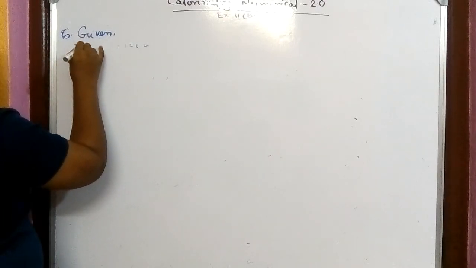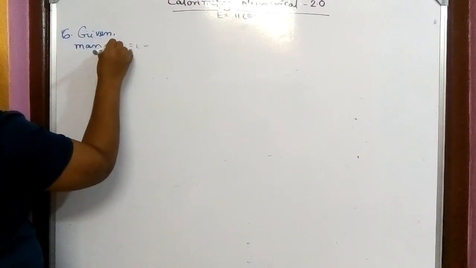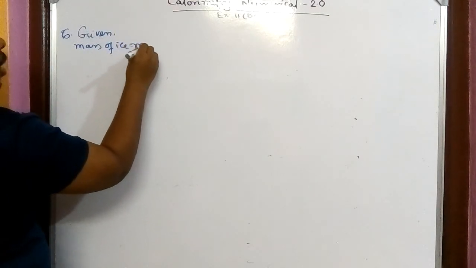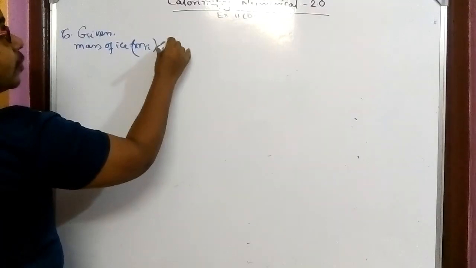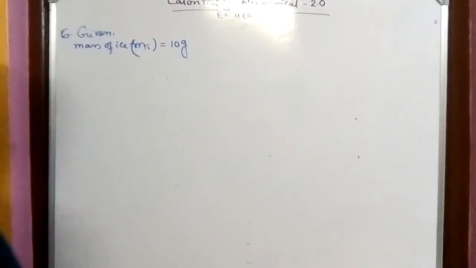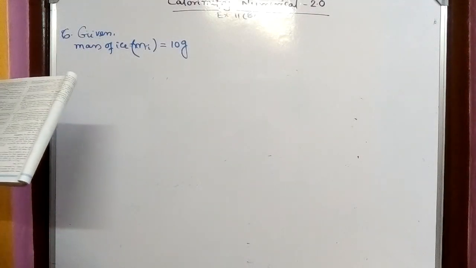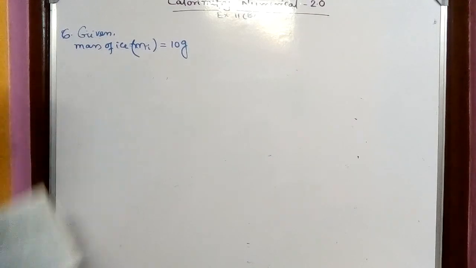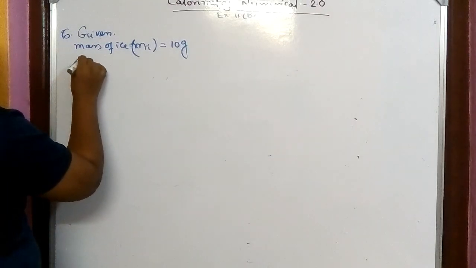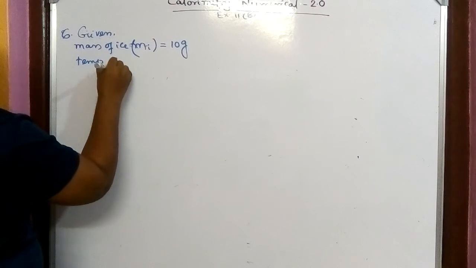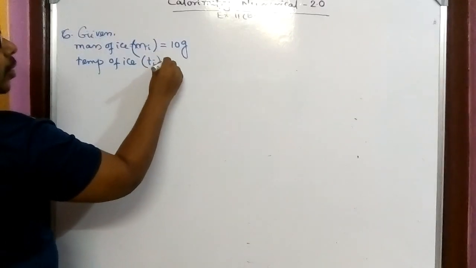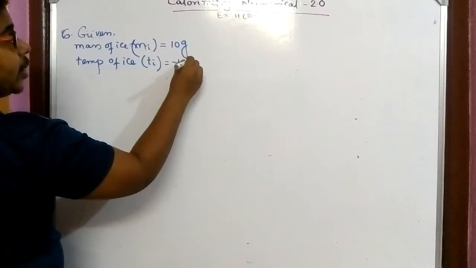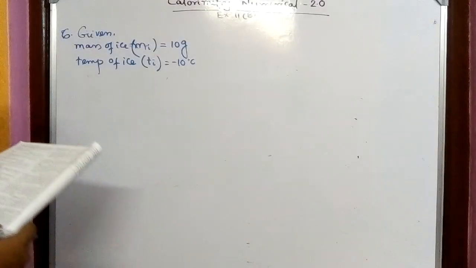So mass of ice, Mi, we denote it, and its value is 10 gram, at temperature minus 10 degrees centigrade. So temperature of ice, Ti, is minus 10 degrees centigrade.